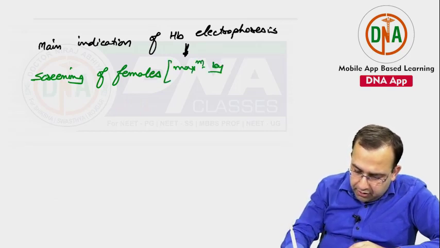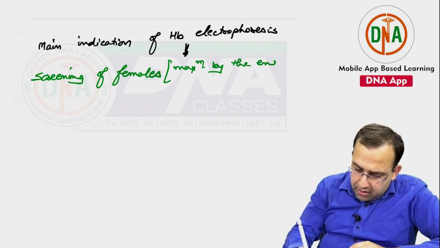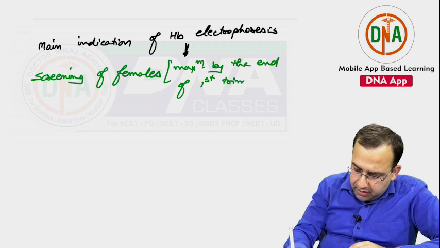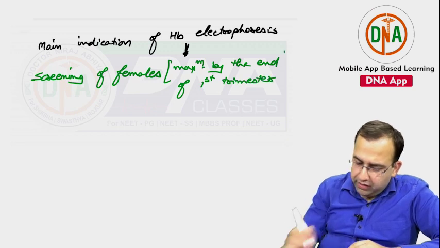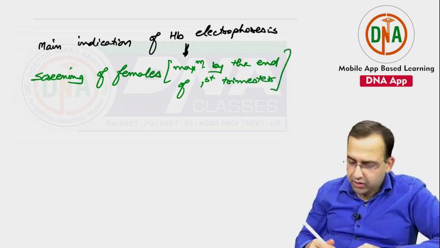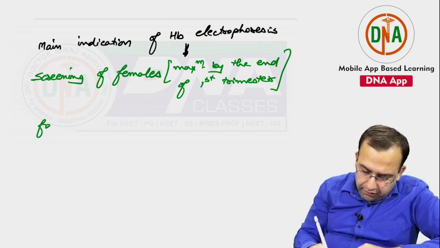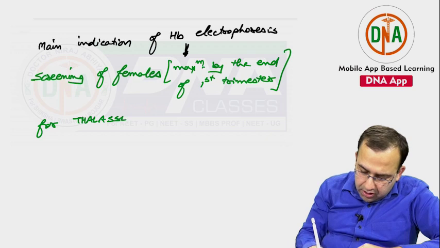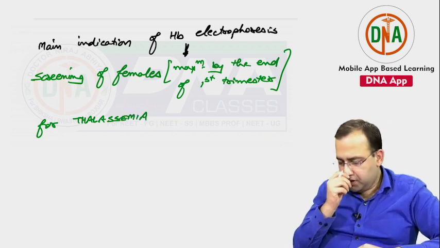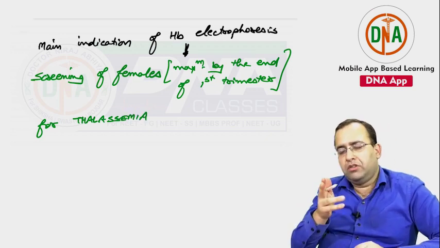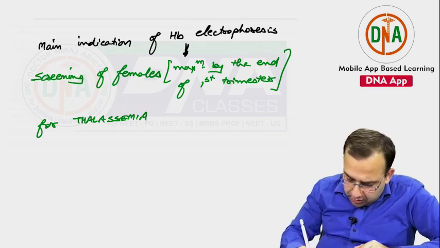Maximum by the end of first trimester. Screening of females. Screening of females for which disease? For thalassemia. Minor or major? You're screening the lady for minor or major?